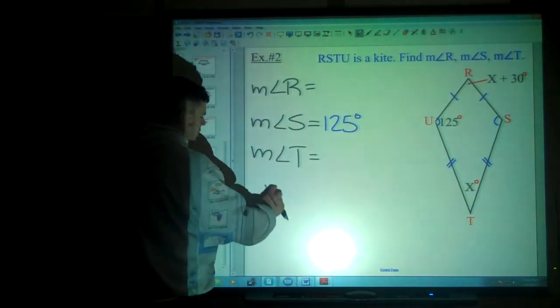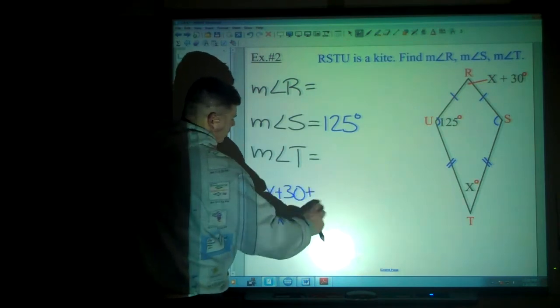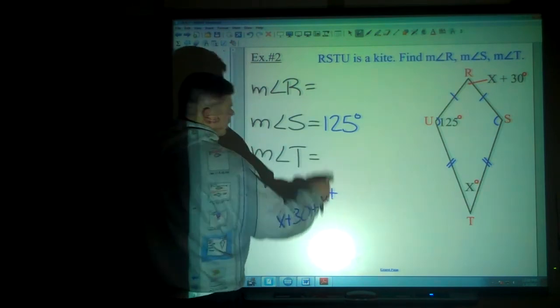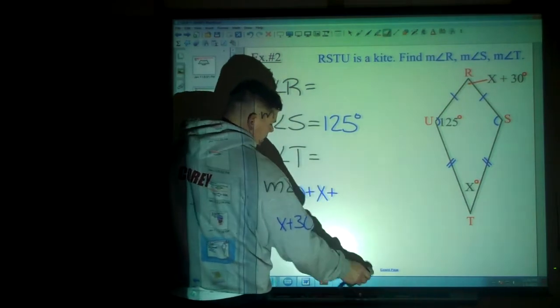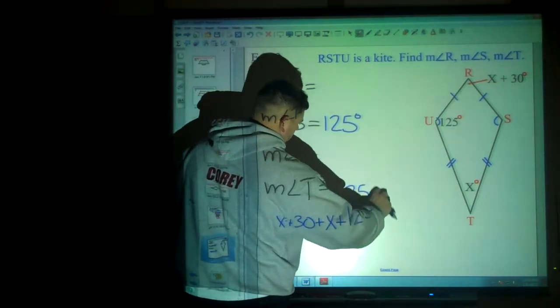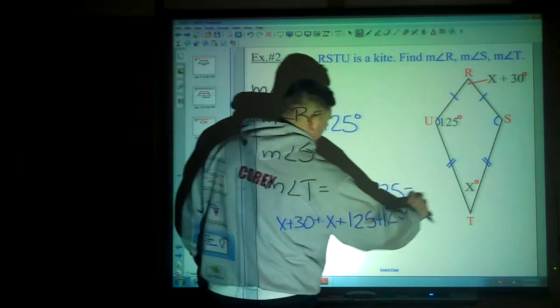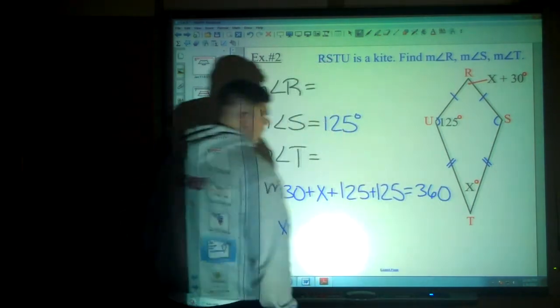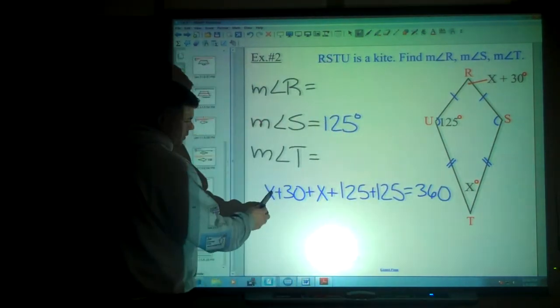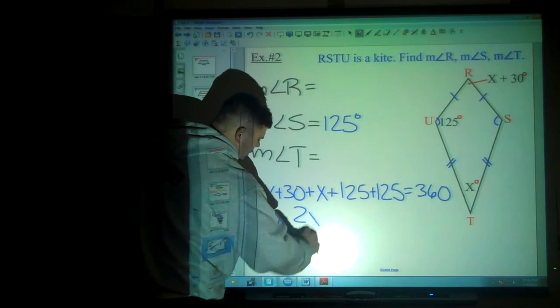So we can say x plus 30 plus the x at the bottom plus the 125 and the other 125 have to make 360. So that gives us like parts we can add. Here you have 1x and 2x.